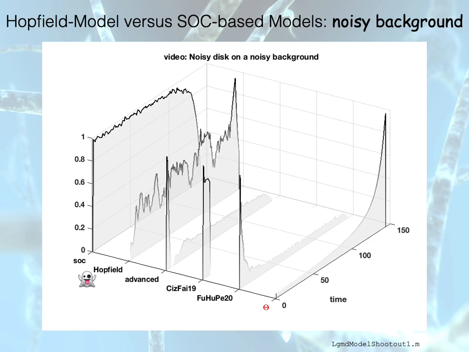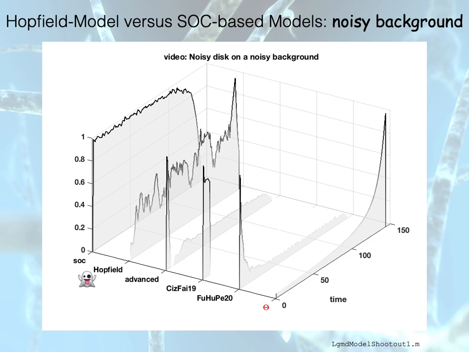The Hopfield model is noisy, but it at least shows an activity increase towards the end of the approach. This is quite spectacular in my opinion. The advanced model, there's nothing really usable here, nor in the SysPhi 19 model, and nor in the FU-UP20 model.